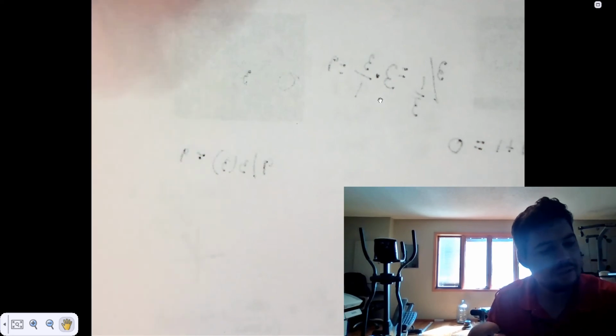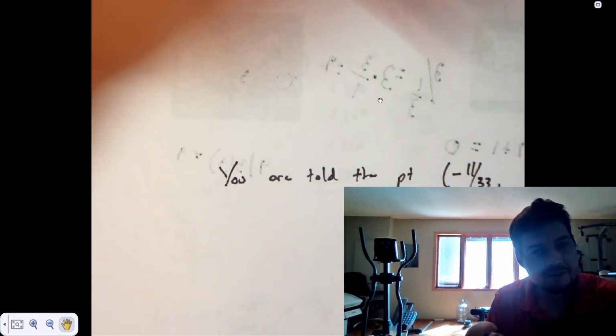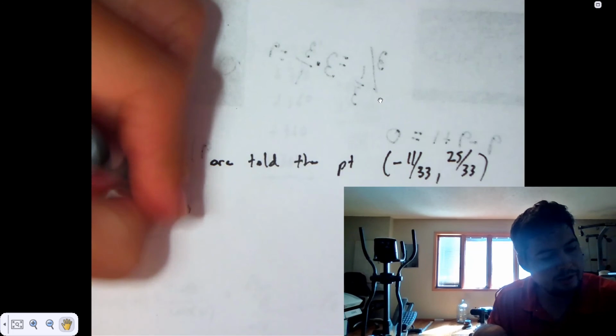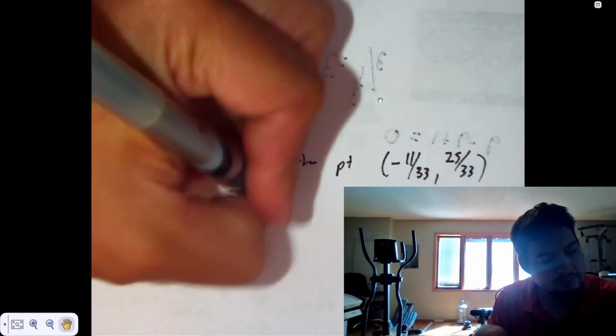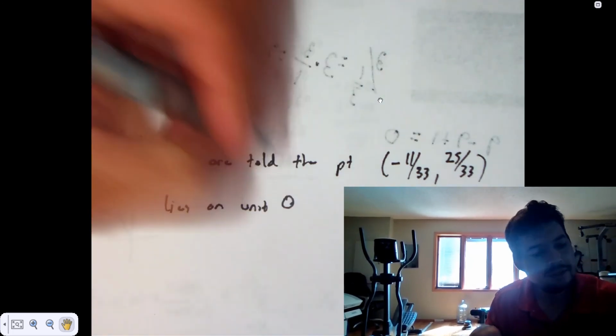So let's say you are told the point, I don't know, negative 11/33 and I'm not going to sit here and do Pythagorean theorem, 25/33 lies on the unit circle. Okay? And we're going to expand this.